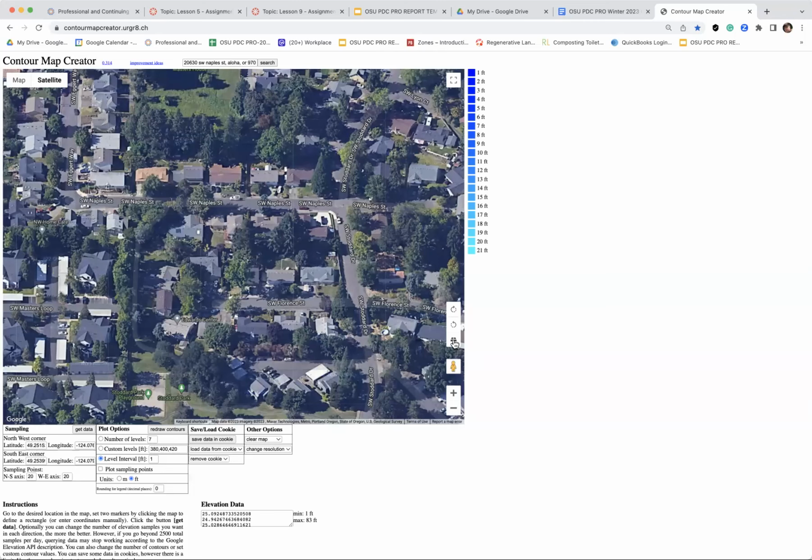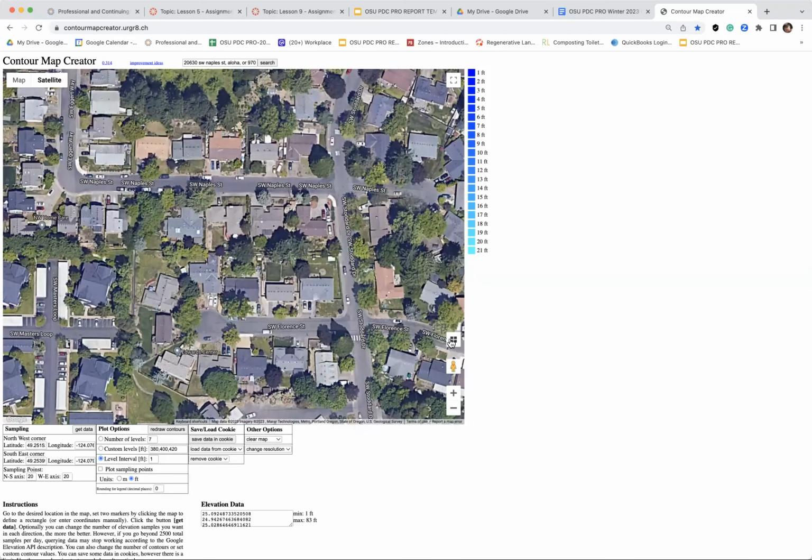So there's often this little button here to tilt the map back. And that's what we want to do here. So we can see the roads, and those are our constraints. And we have 1 foot contours, so we're still set up.